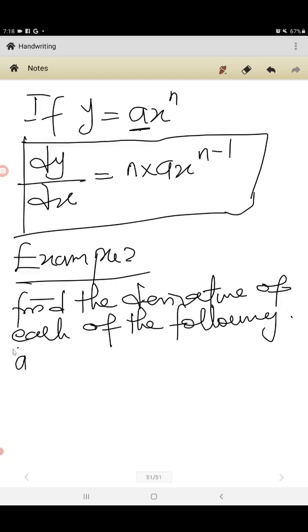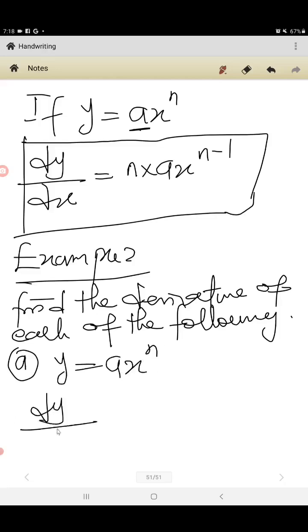Let's say a is y is equal to a x raised to power n. You know a is a constant. So let's do the same: dy over dx will give you n a x raised to power n minus 1. So that is just the answer.